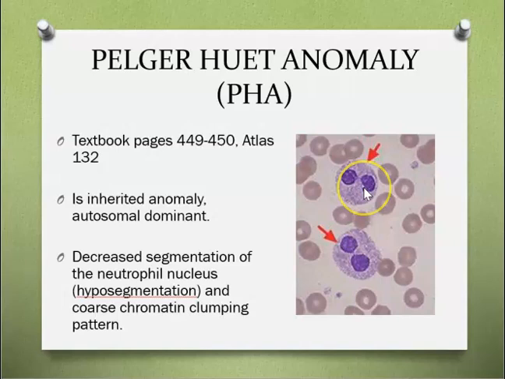And of course, the two neutrophils in this image are both considered Pelger-Hewitt cells. These are hyposegmented neutrophils, meaning they're only going to have 2 segments connected by a little filament.